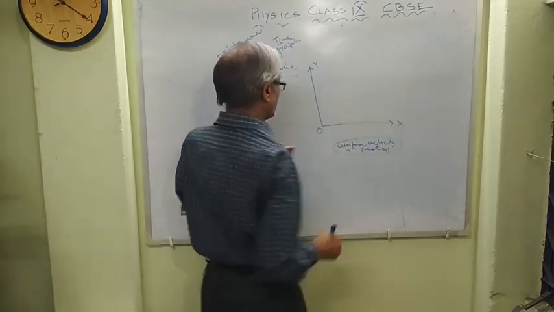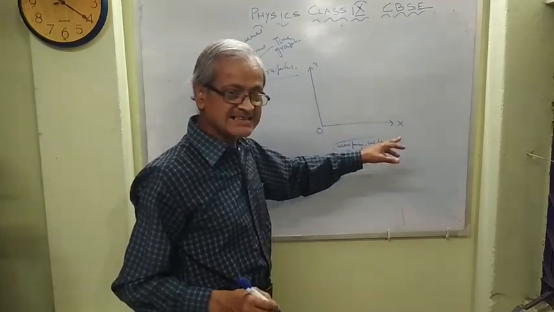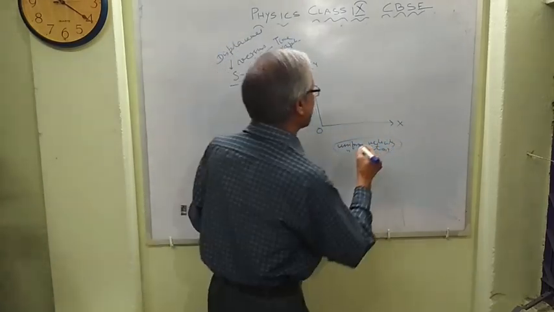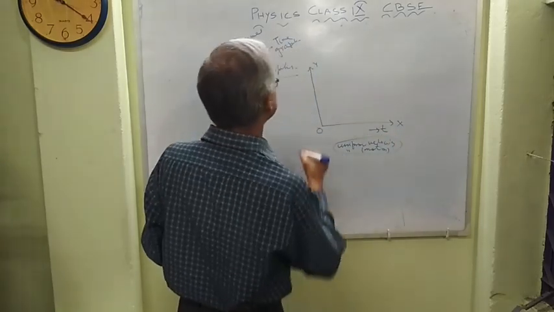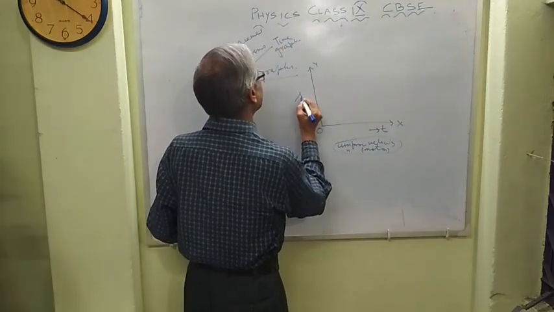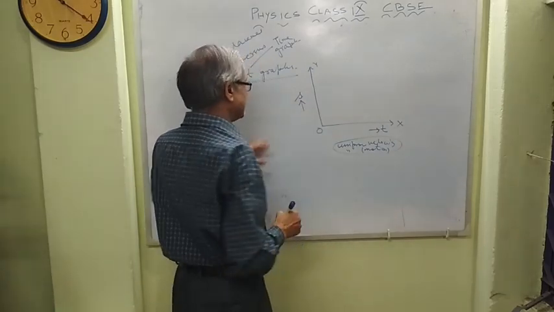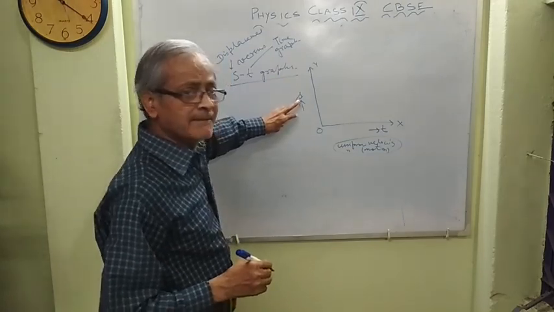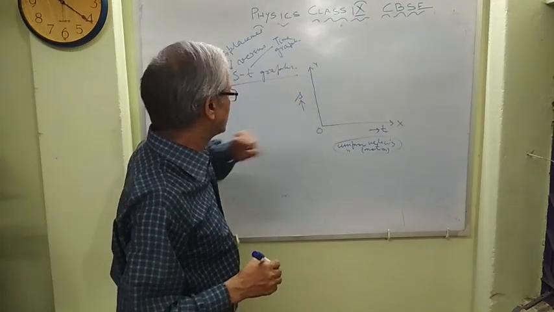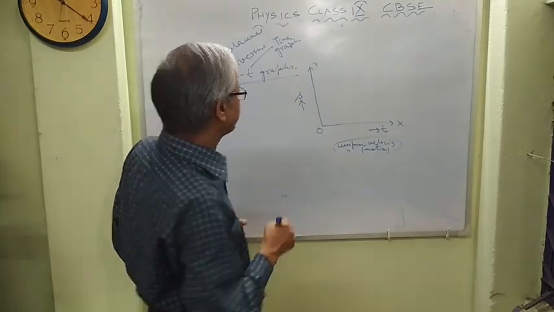Here we denote x-axis as time axis, that is time is given along the x-axis and displacement is taken along the y-axis. Here we don't give the arrowhead because we take only magnitude, not its direction.